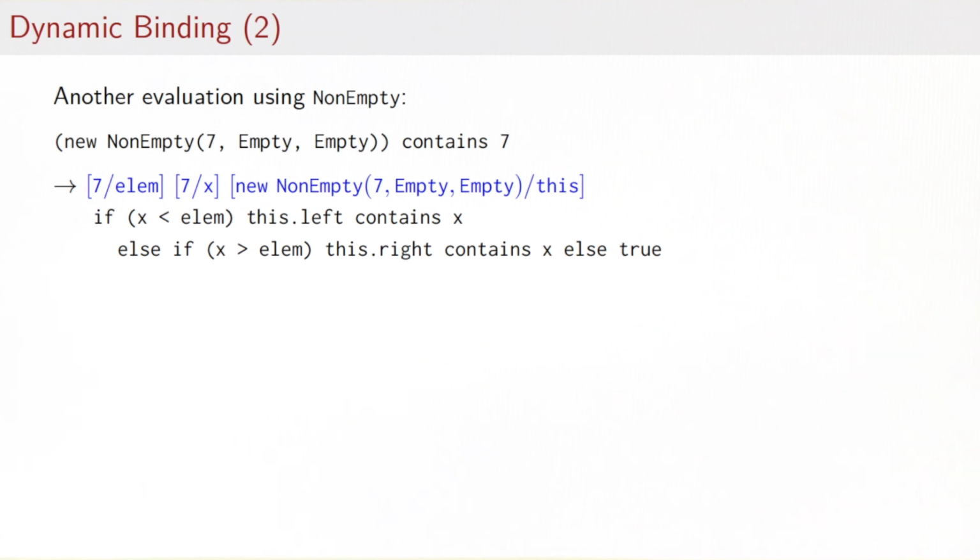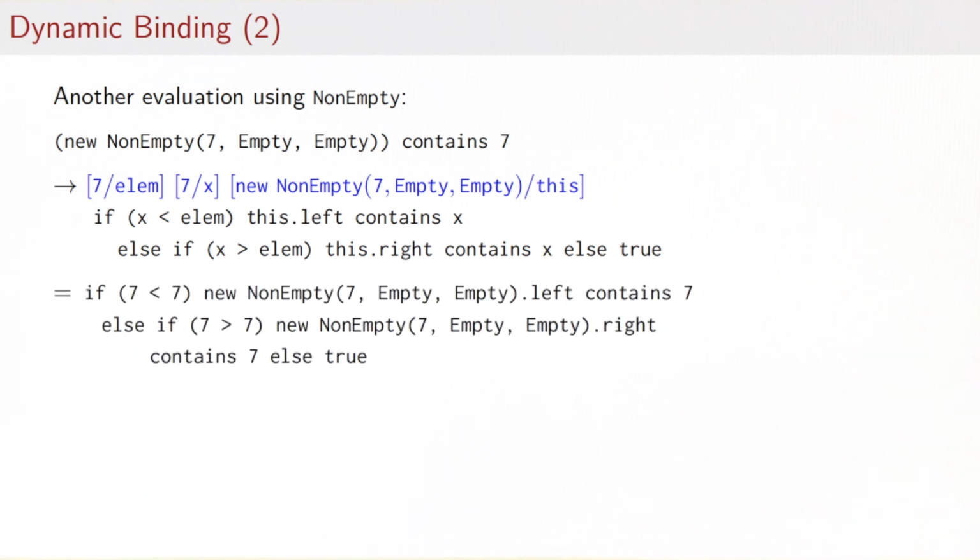If we perform this substitution, we arrive at this expression here. So instead of x and elem, we see 7 in each case, and instead of the this, we see new non-empty 7 empty empty. If we perform the simplification, we get that 7 is neither less nor greater than 7, so we fall into the else case, and we get true.